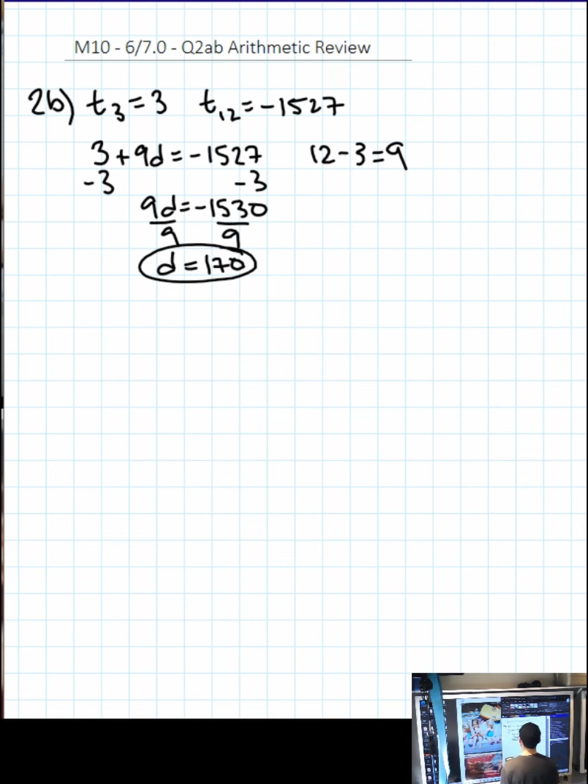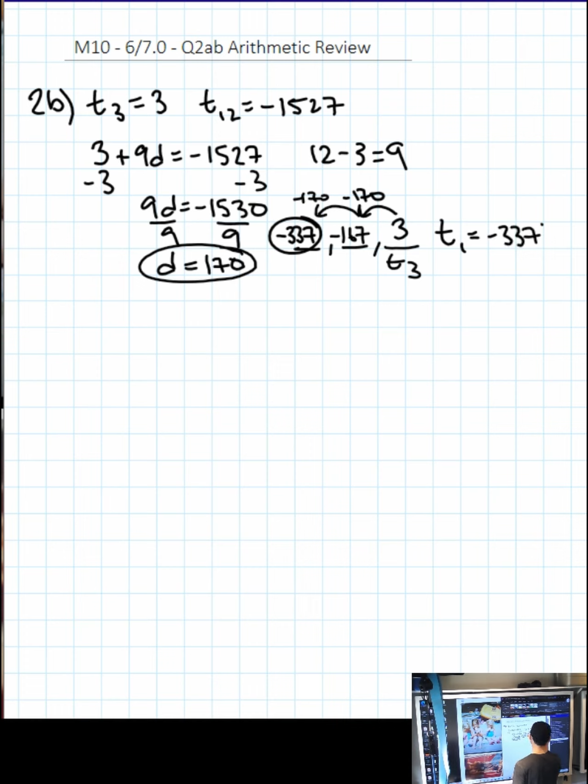So we could do it logically like we did before, where we just do blanks: blank, comma, blank, comma, blank, t3 is 3. And because d is 170, we can just minus 170 and then minus 170. So 3 minus 170 is equal to negative 167. Minus 170 is equal to negative 337. Circle our answer. Therefore, t1 is equal to negative 337.